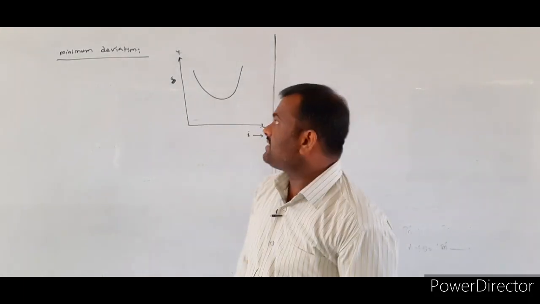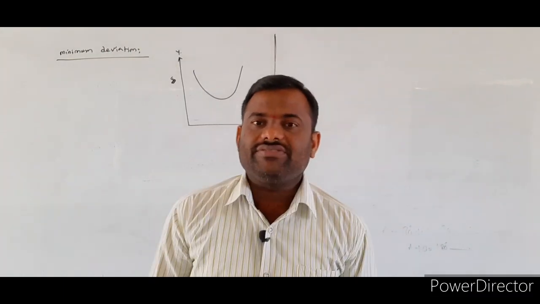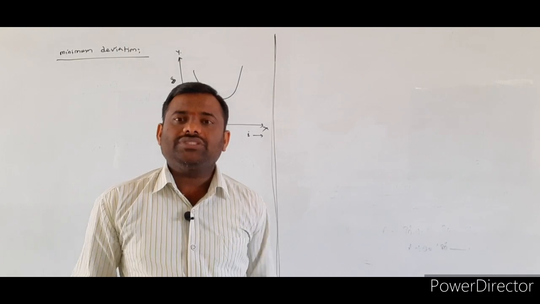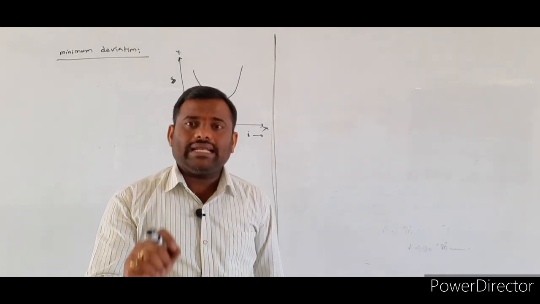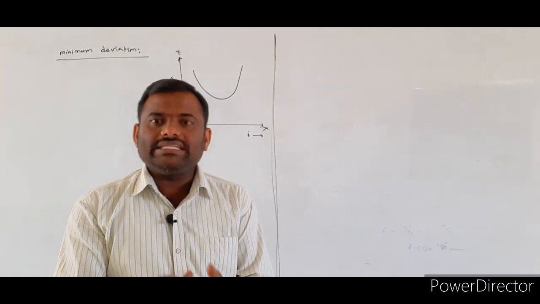The next concept is minimum deviation. How can we calculate the minimum deviation suffered by the incident light ray? Before going to that, we know the general concept. When a light ray travels from one medium to another medium, the light will be deviated from its original path.